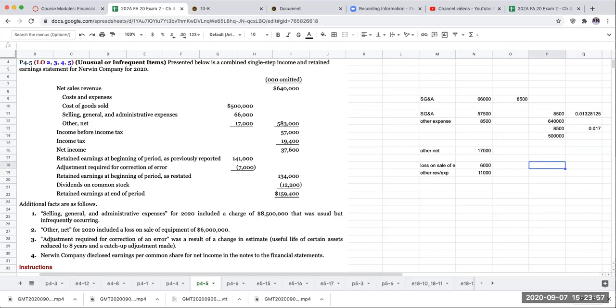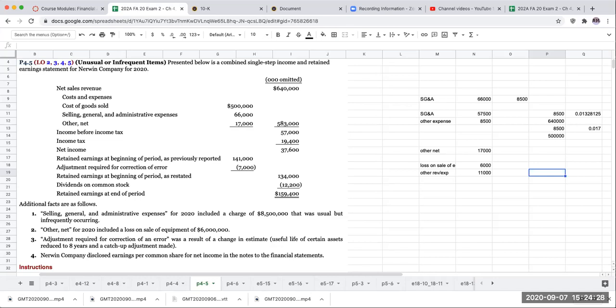But if I'm comparing this to my total other net items, it's a pretty significant chunk. So you may want to disclose it separately. Again, it depends on whether this is material or not. How frequent is this loss on sale of equipment? Are they doing this all the time? So this could go either way.